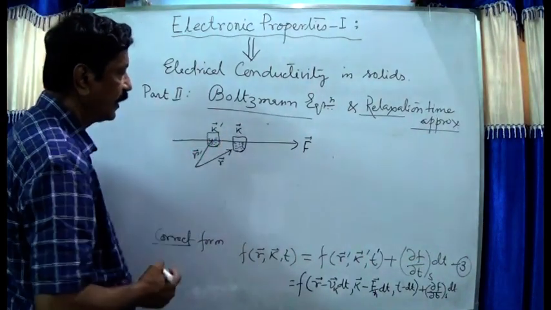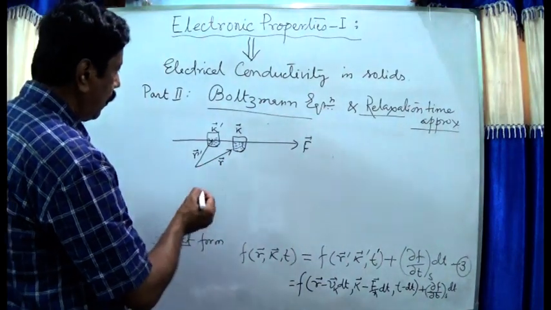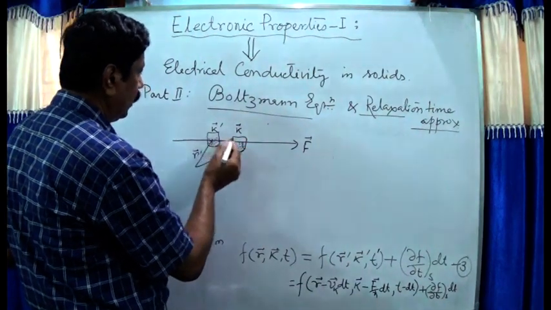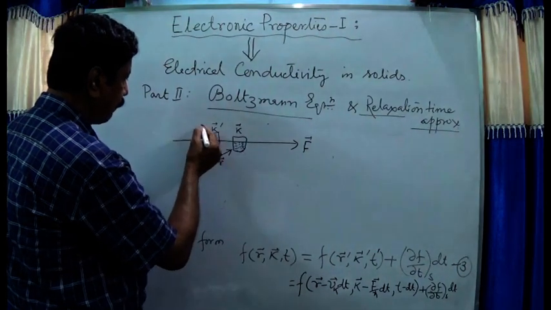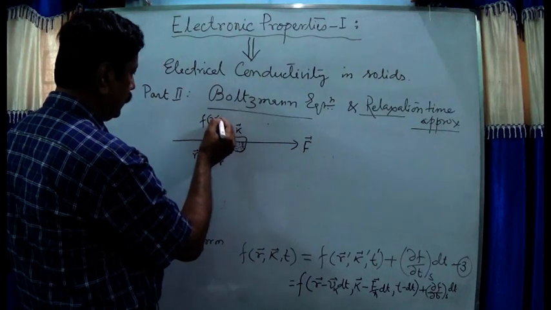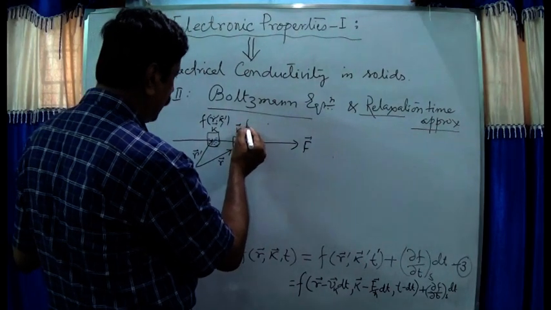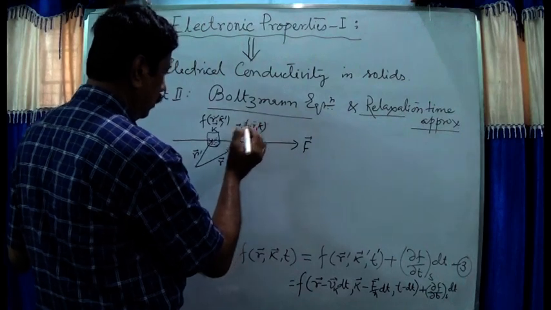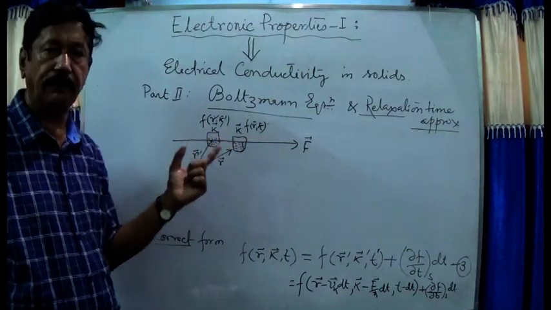This is the actual fact that is happening. But keep in mind that the distribution f of r prime, k prime and the distribution f of r and k are both the same.